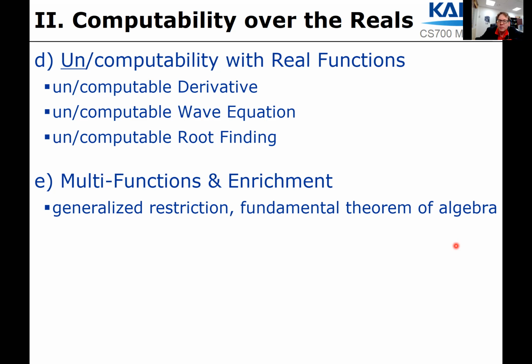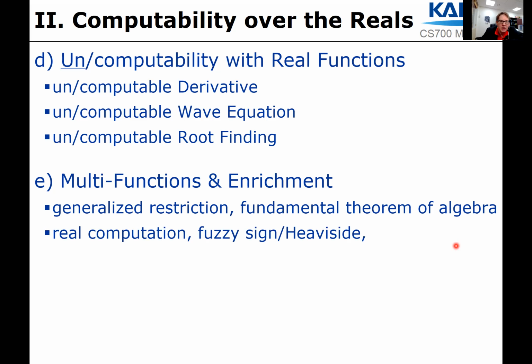And a prototype example application of multifunction is the fundamental theorem of algebra, where the set of roots of a given polynomial is not unique, only unique up to permutation. So root finding in this sense is a multifunction.